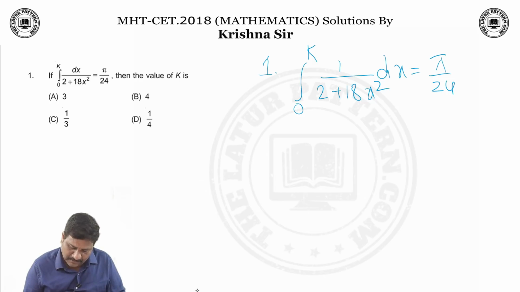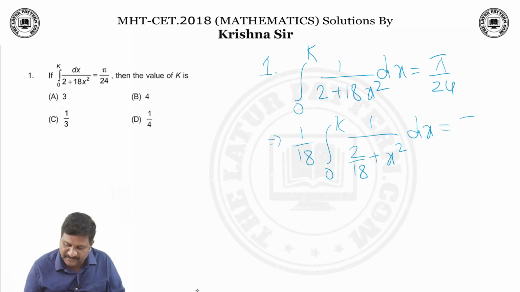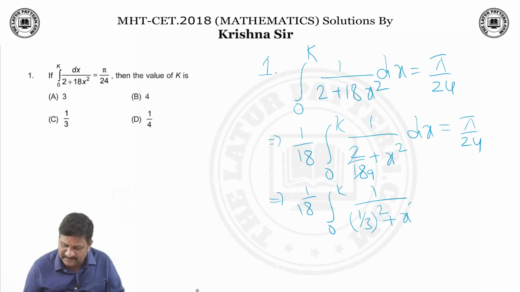So we take 18 common from the given problem, then 1 upon (2 by 18 plus x squared), which is pi upon 24. So 1 upon 18, integral from 0 to k, 2 by 18 is 1 by 9, which can be taken as (1 by 3) whole square plus x square dx, equal to pi upon 24.